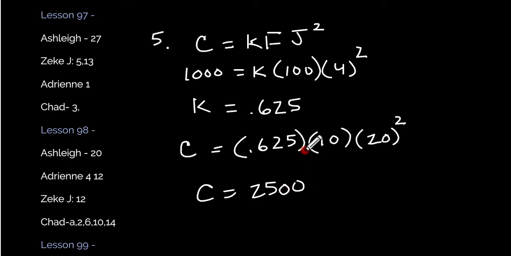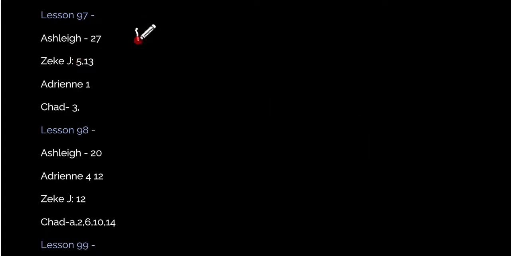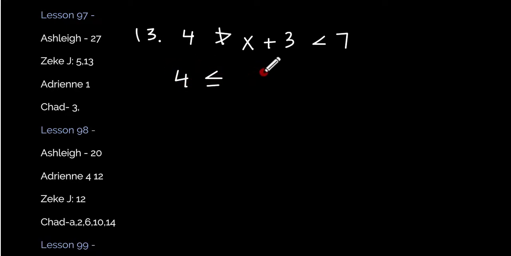Now you can do that with ratios too. All right, number 13. 13 is graph the numbers on a number line. 4 is not greater than x plus 3, less than 7. Our domain is integers. First thing you want to do is flip this and not equal it.